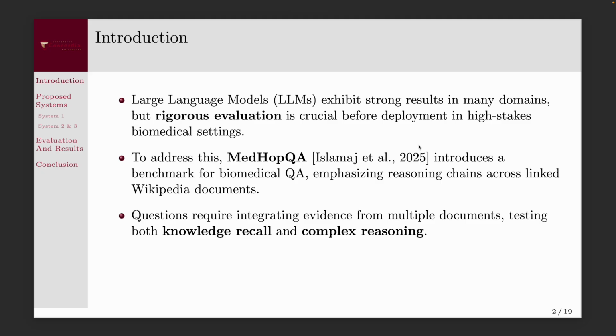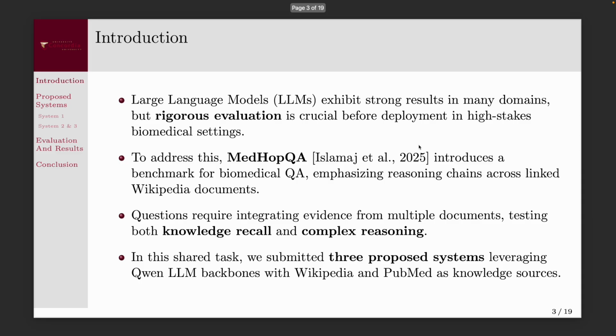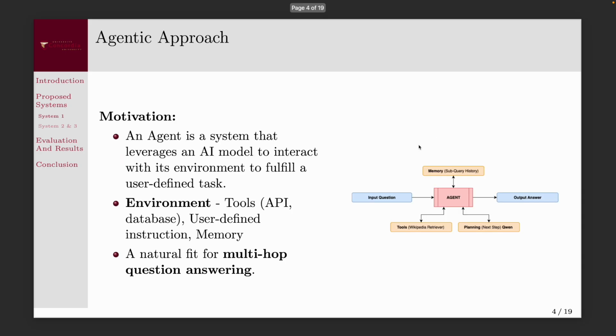Every question in the dataset requires integrating evidence from interconnected Wikipedia documents, testing knowledge recall and complex reasoning. In this task, we submitted three systems leveraging Qwen with Wikipedia and PubMed as knowledge sources.